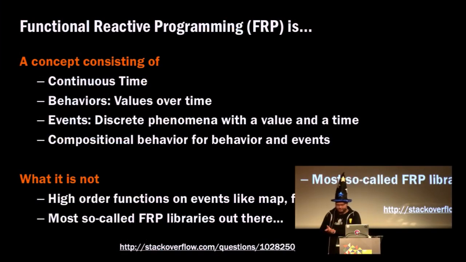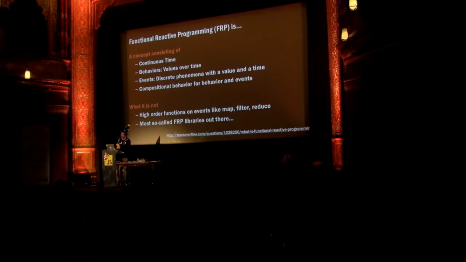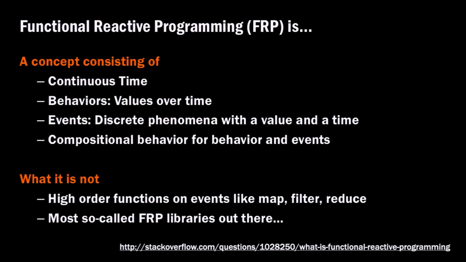Now, functional reactive programming is something that people talk about quite often, and they're like, ooh, FRP. And I was like, well, we're not FRP. Because FRP is a very specific term for continuous time, behaviors over time, the idea of basically having a continuous cycle. In JavaScript, you can't really do that. It's a single-threaded environment. You have callbacks, etc. So it's really not FRP at all.